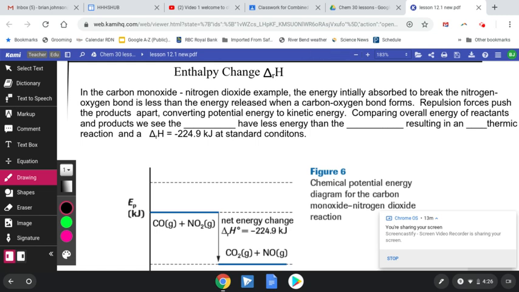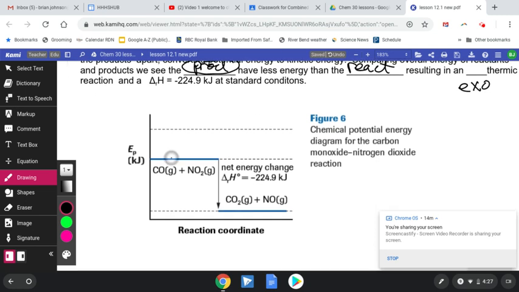Comparing the overall energy of reactants and products, we see that the products have less energy than the reactants, resulting in an exothermic reaction. So if I wanted to add energy pathway to this, I could put a bump like that and add my activation energy like that.